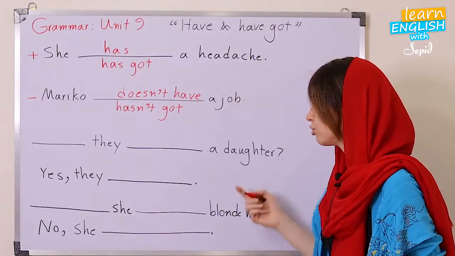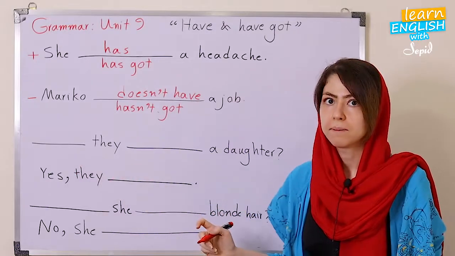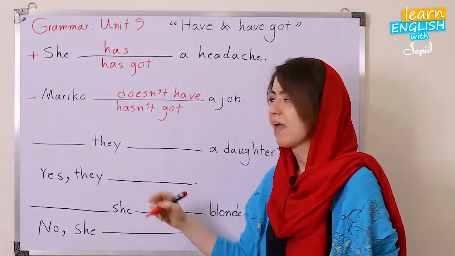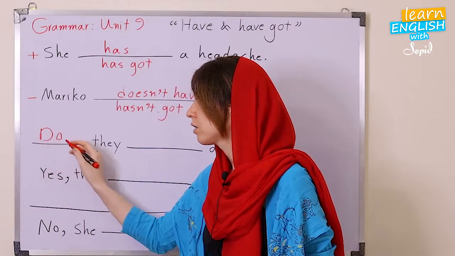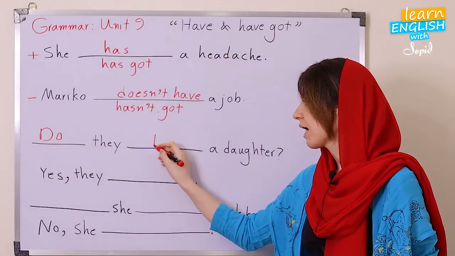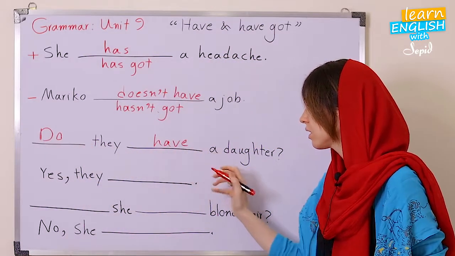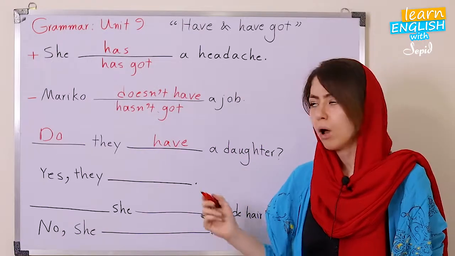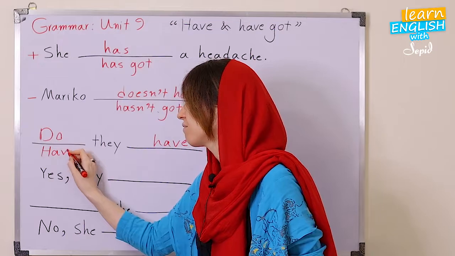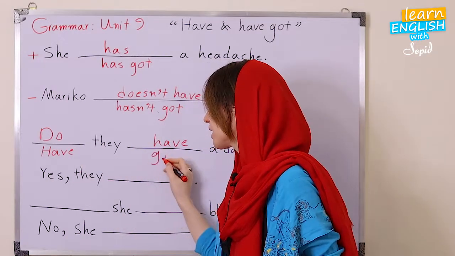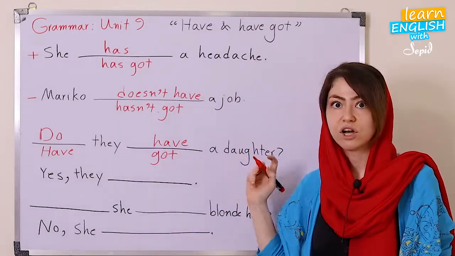Now let's go to the question form. Here we have they. So we should use do. Do they have a daughter? Or we can say, have they got a daughter?